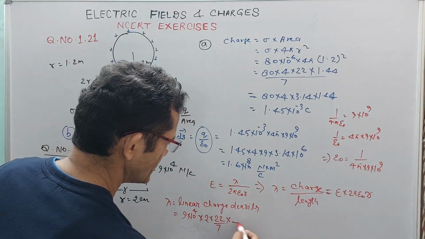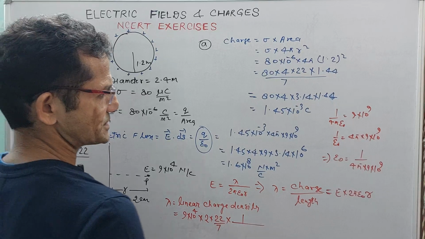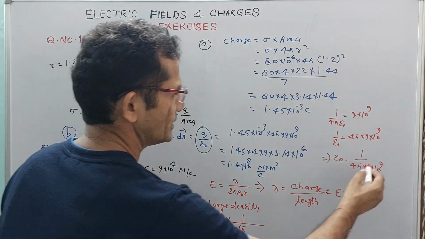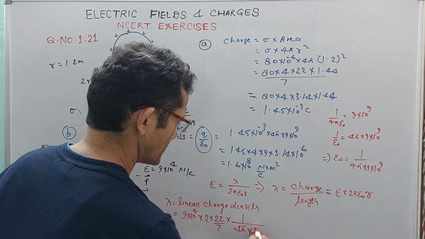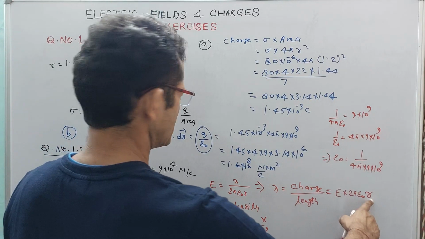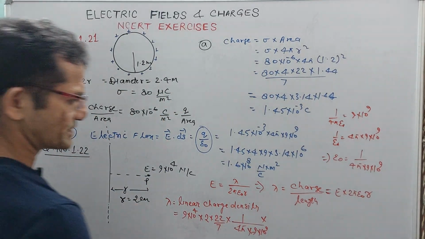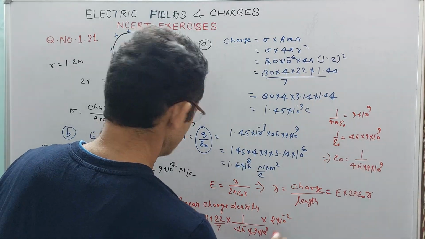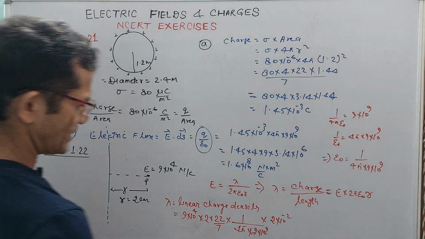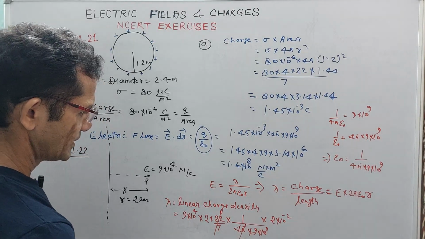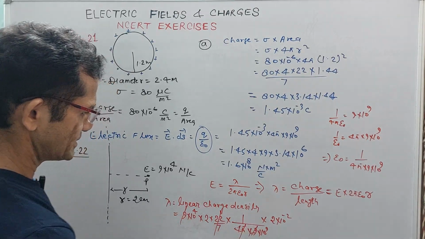Now the value goes in the denominator: epsilon naught is 4 pi into 9 into 10 raised to the power 9. In the numerator, r is 2 centimeter, converted into meter: 2 into 10 raised to the power minus 2. Here pi is cancelled and 9 is also cancelled.